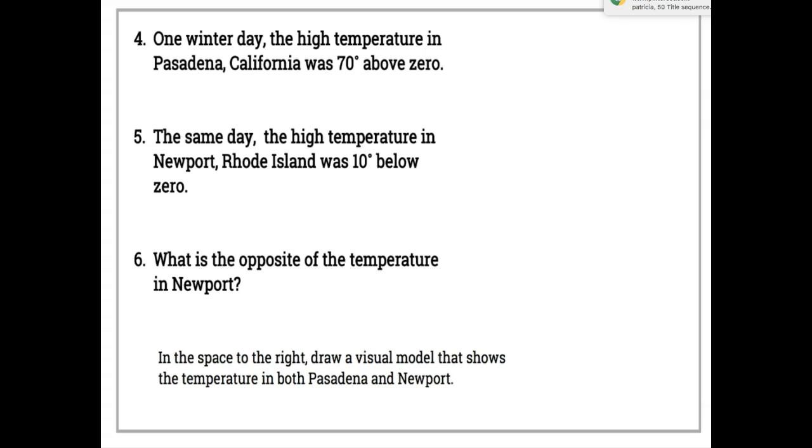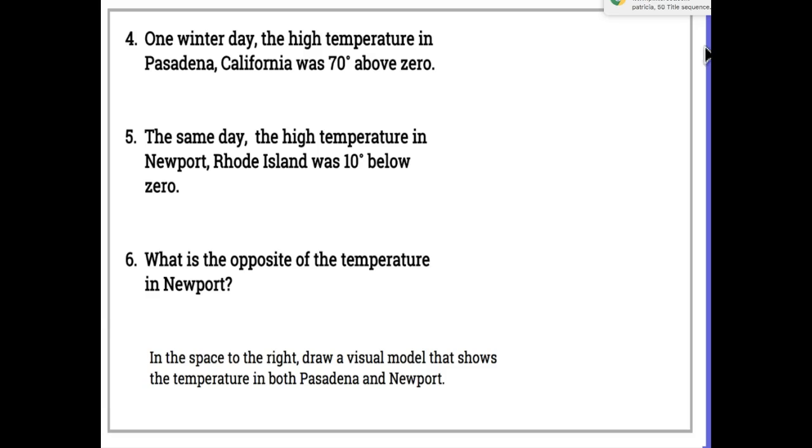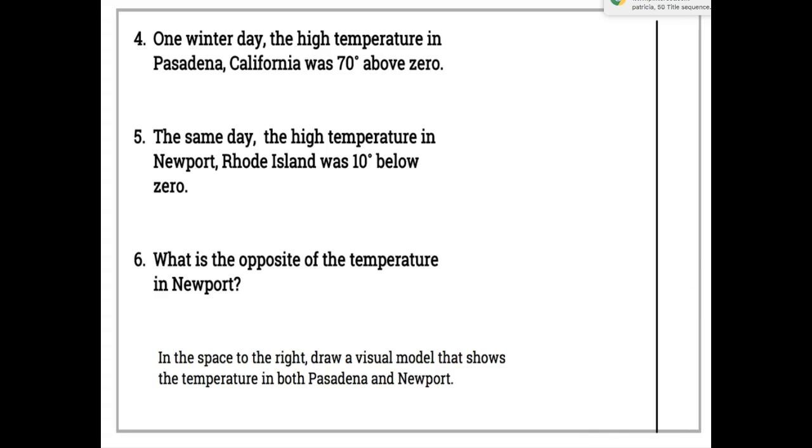Okay, now, there are 3 more items in structured guided practice. And before you do anything else, I want you to draw your vertical model, draw your vertical number line, and you're going to be using this to show the temperature changes for the 2 cities mentioned here.